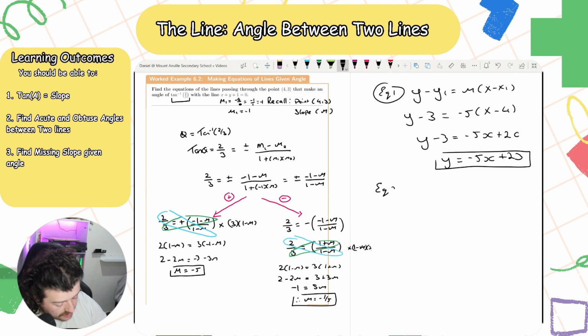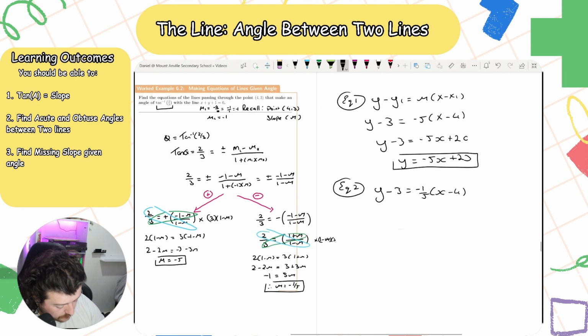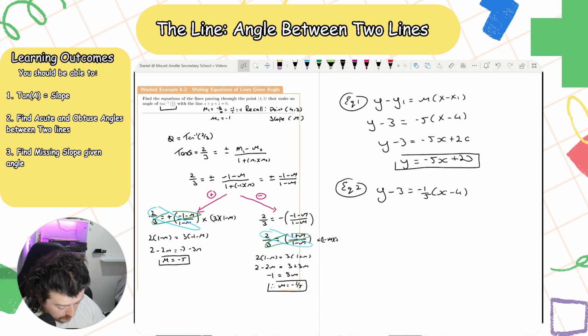And then my second possible equation of a line is y minus 3 is equal to minus 1/5 times x minus 4. Multiply both sides by minus 5. I'm going to get minus 5y plus 15 is equal to positive 1 times x minus 4.